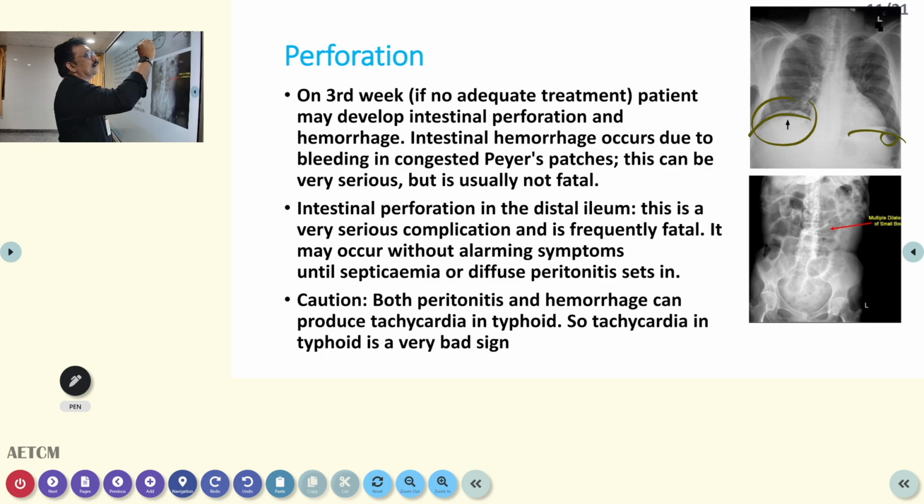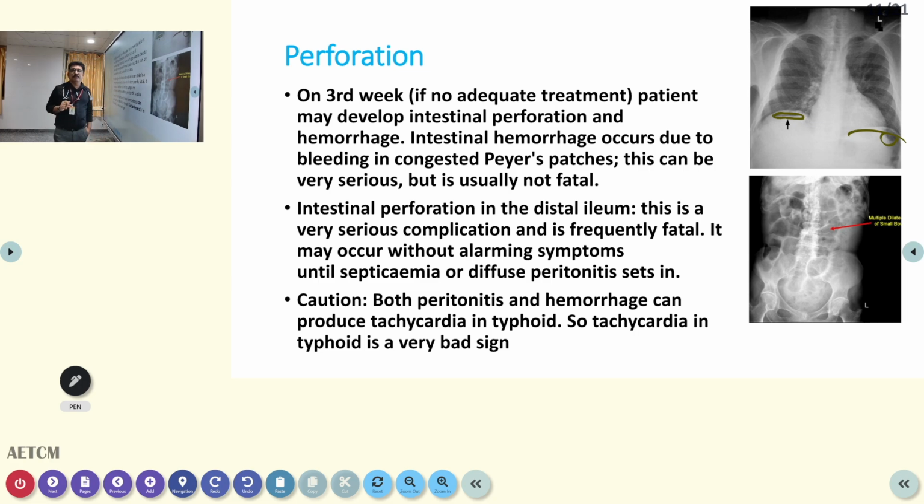But on the right side you never see gas under the diaphragm, there is no gas here. But what you are seeing here is a thin layer of gas. So gas under the diaphragm is a typical feature of perforation. In enteric fever, this occurs in the third week of the infection if not treated properly.